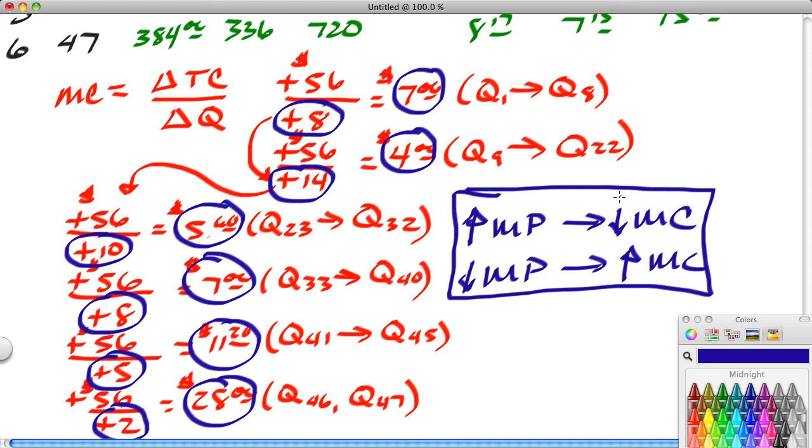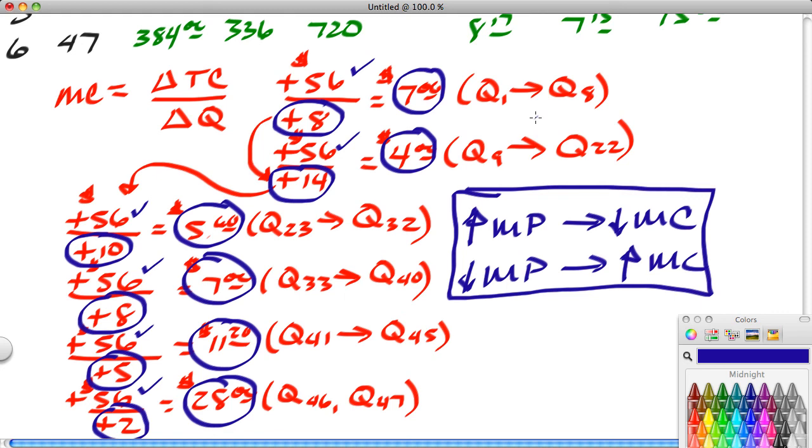Different units cost the firm different rates based on the marginal productivity of the labor. Remember, we're paying the labor the same rate. Every worker gets paid 56. Workers of equal quality. Every worker gets paid 56, but adding every worker doesn't add the same amount to our output. Okay, and therefore different units cost different amounts.